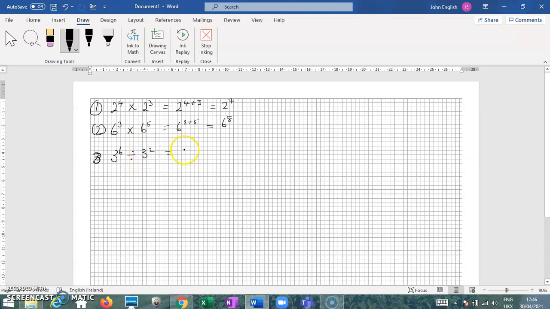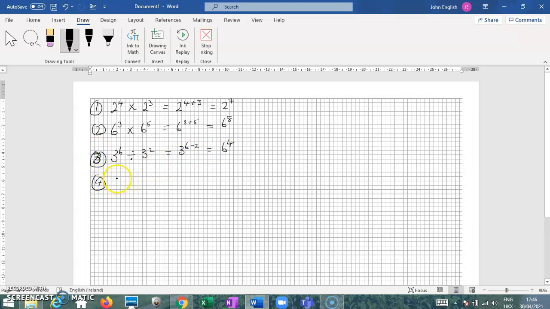Well, that becomes 3 to the power of 6 minus 2, because when you're dividing, that's the division sign there, looks a bit unlike it, and then you end up with 3 to the power of 4. Okay, let's just do another one of those.